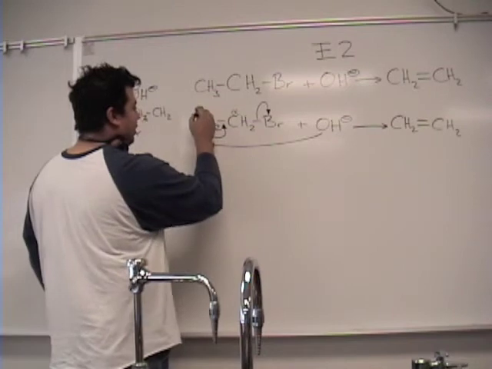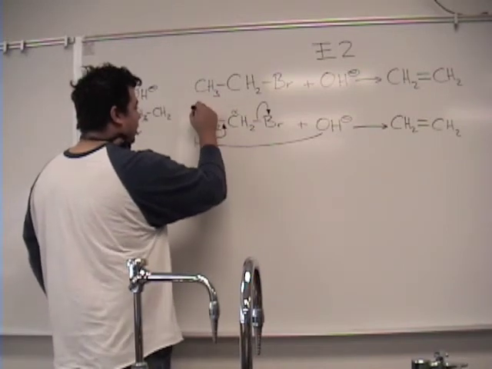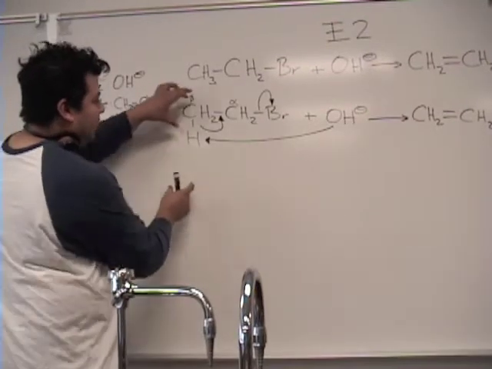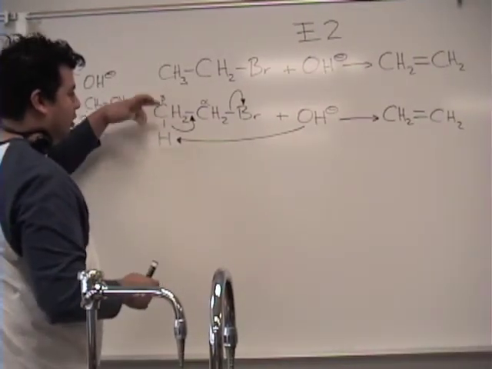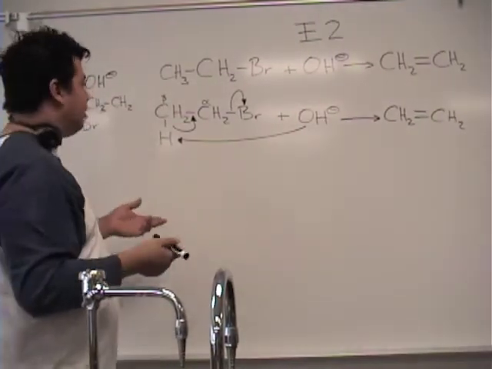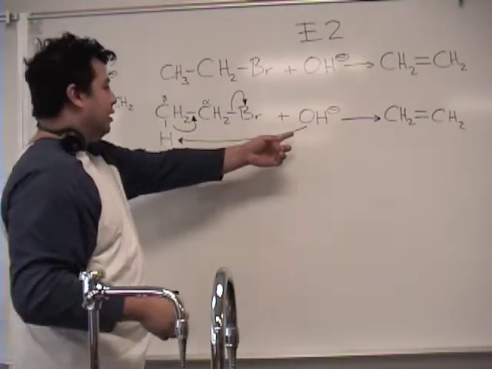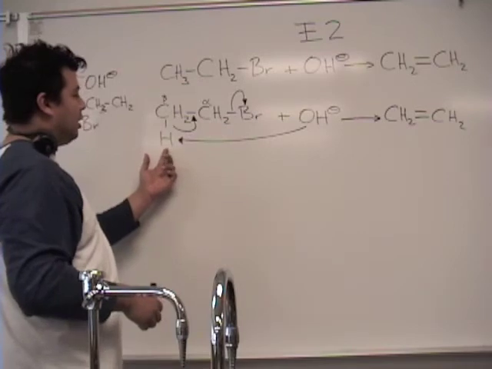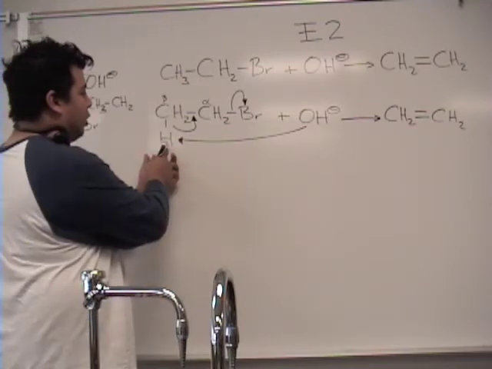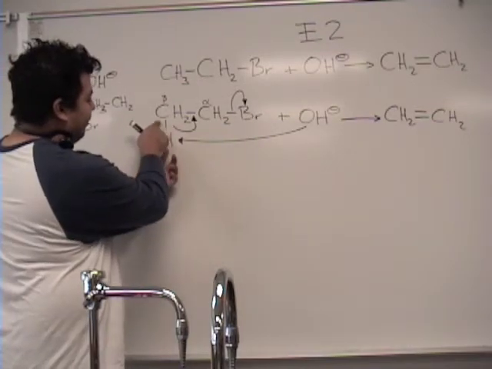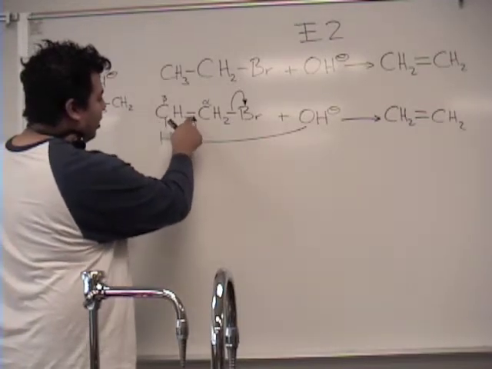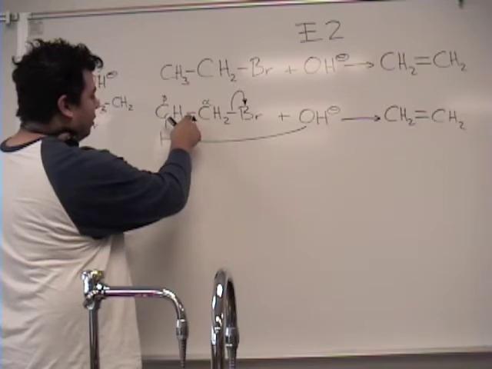Then the one adjacent to it, or the ones adjacent to it, are going to be beta carbons. So the hydrogens attached to the beta carbon are beta hydrogens. So they are slightly acidic. So the oxygen is going to pick up the acidic proton. Then the electrons in this bond are going to come here to form a double bond.